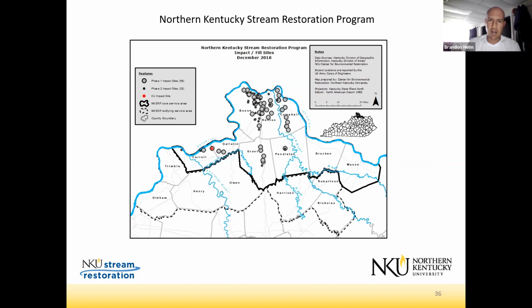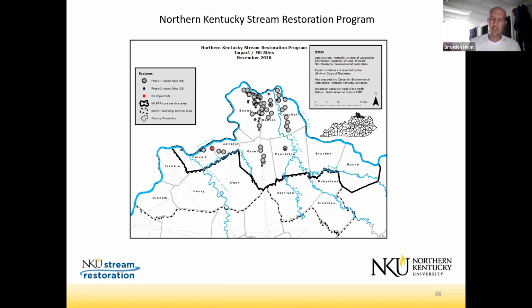And you can kind of follow I-75 south down through Grant County. The large gray dots are older projects previous to, I forget, 2012, I think. The black dots are after that. And the red dot was a large impact site from a utility company.